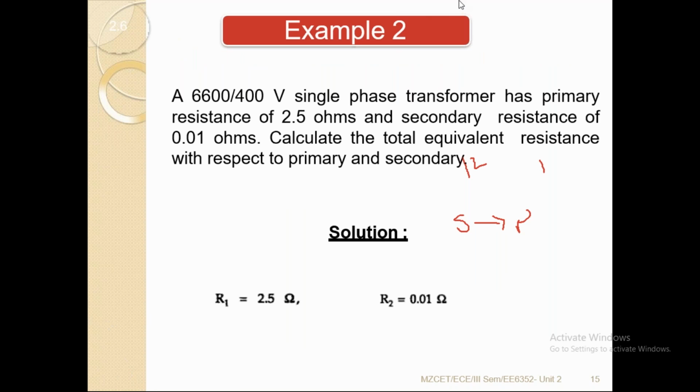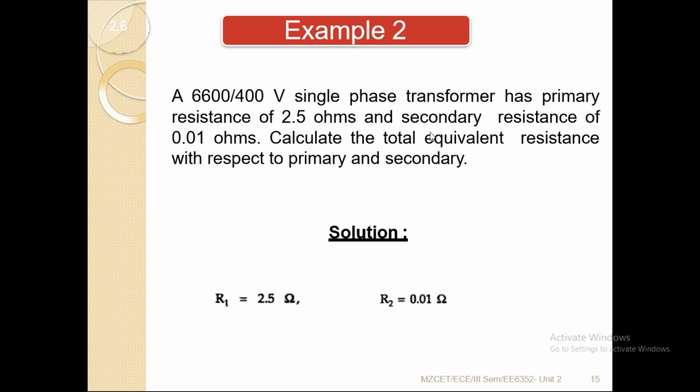Now we will see one problem based on the equivalent circuit parameters. See here, a 6600 by 400 volt single phase transformer has a primary resistance of 2.5 ohm and a secondary resistance of 0.01 ohm.